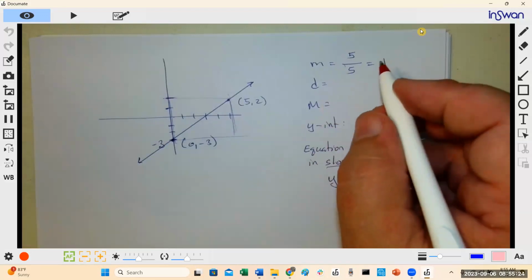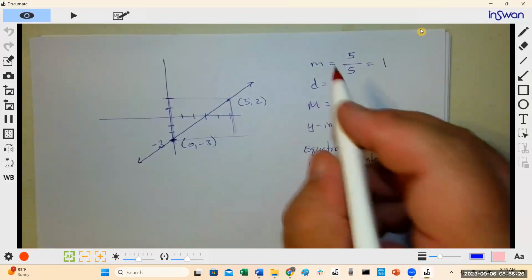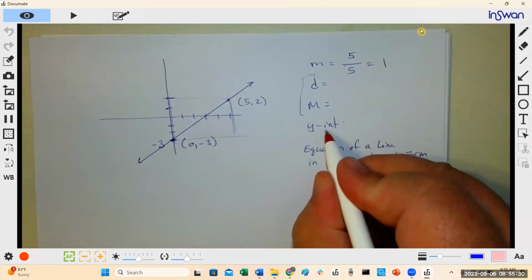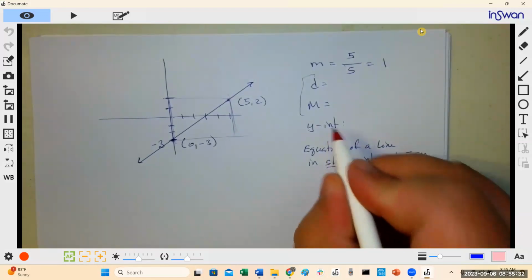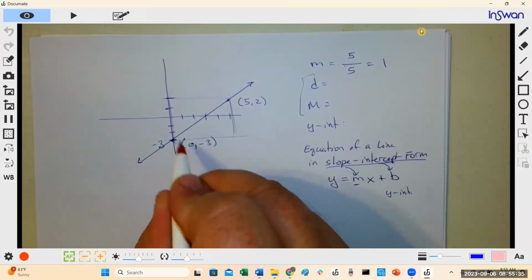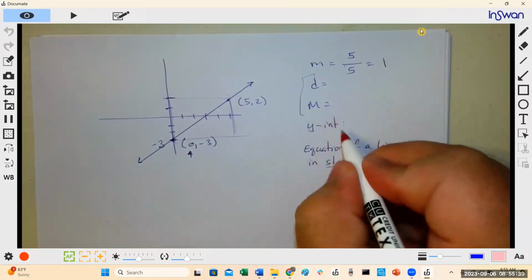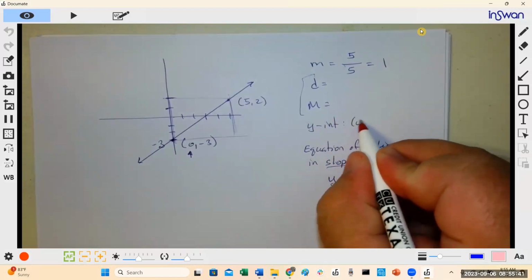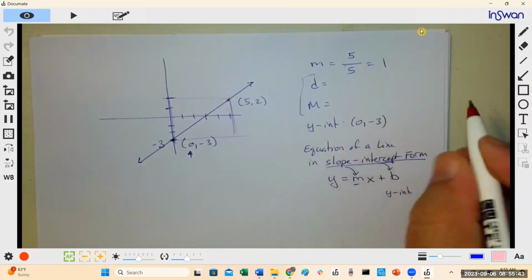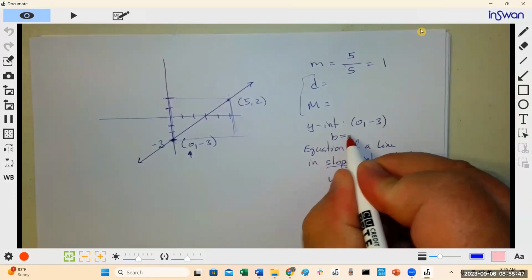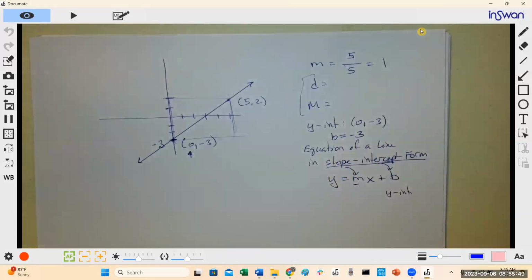And the distance formula, we can figure that out. The midpoint, same way. So I'm not going to worry about that because it's time consuming right now. The y-intercept. The y-intercept is this one. We know it's the y-intercept because x is 0. So the y-intercept is at 0, -3. So our b value is -3.